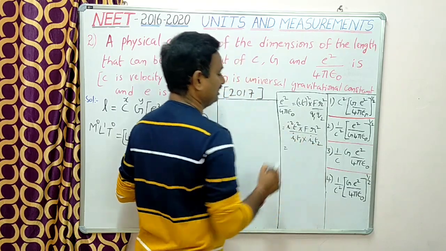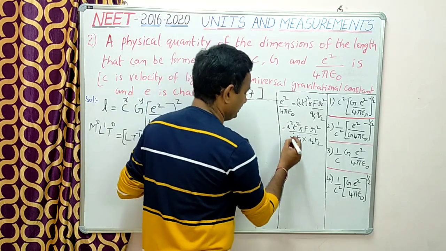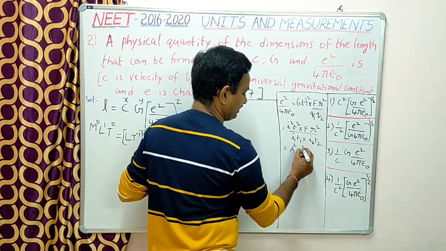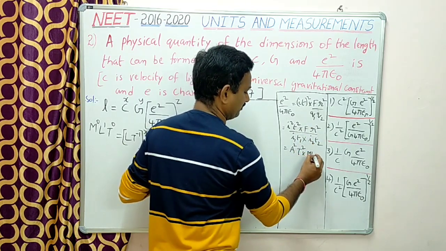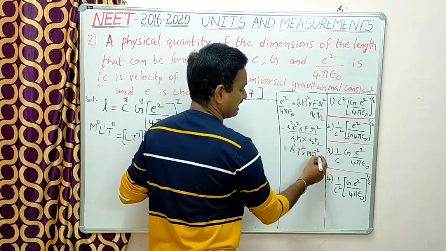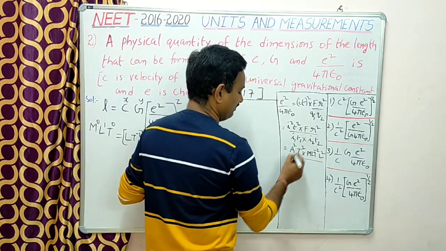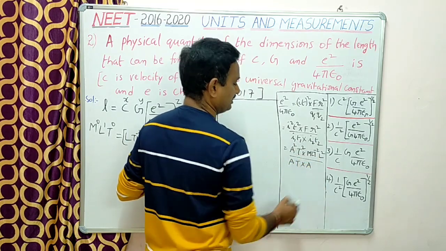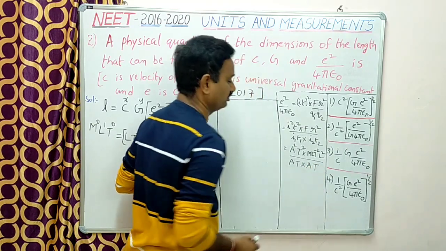Now I will take dimensions of these physical quantities. For current, ampere, that is A square. For time, T square. For F, I will write M L T power minus 2. R square means L square. By I1 means A, T1 means T, into I2 means A, T2 means T. A means ampere, you know that.